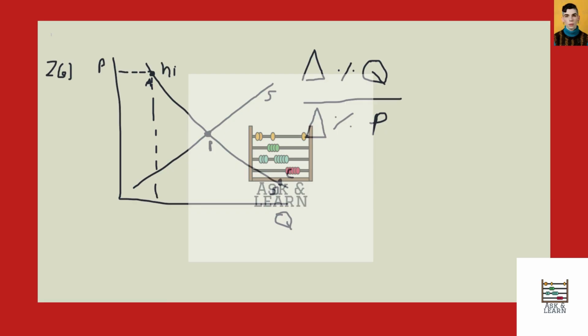So up here, we're going to see high elasticity. Here, at point B, we're going to see sort of middle elasticity, right? For that same reason I just said, where let's say this is like 25 and this is 20 for quantity.